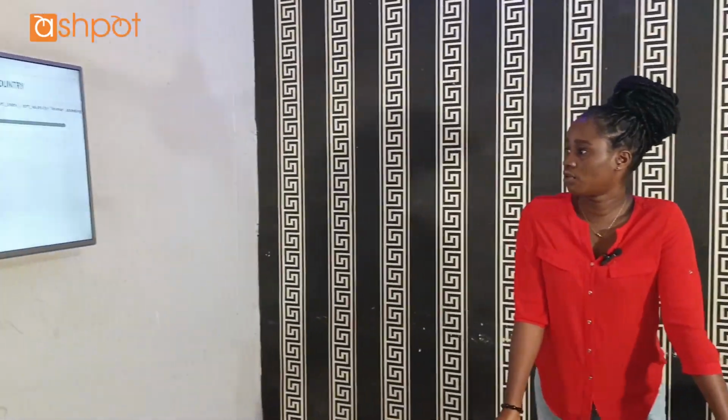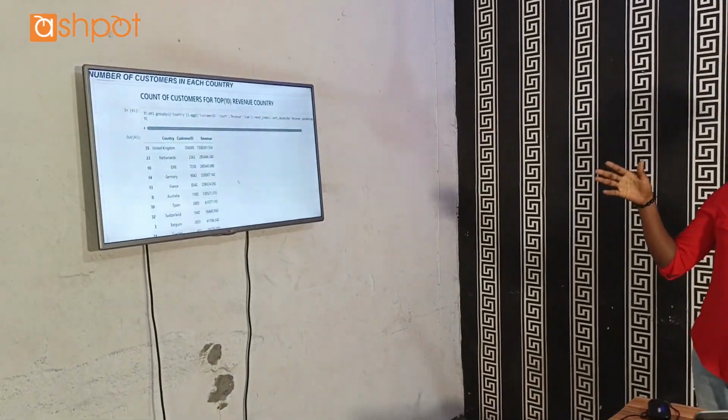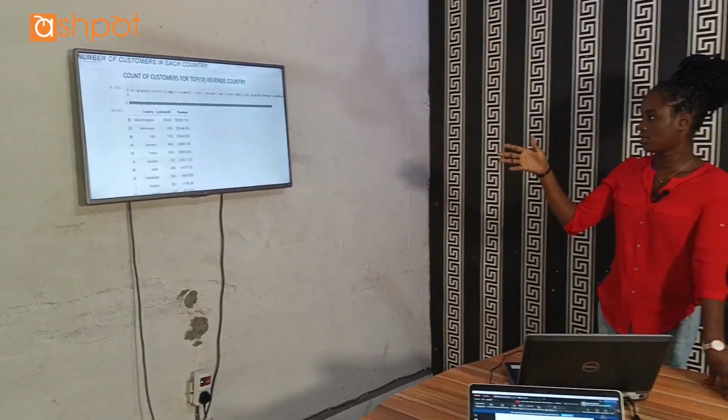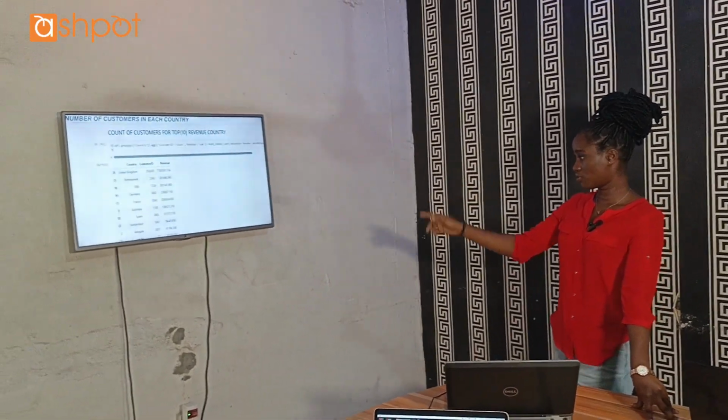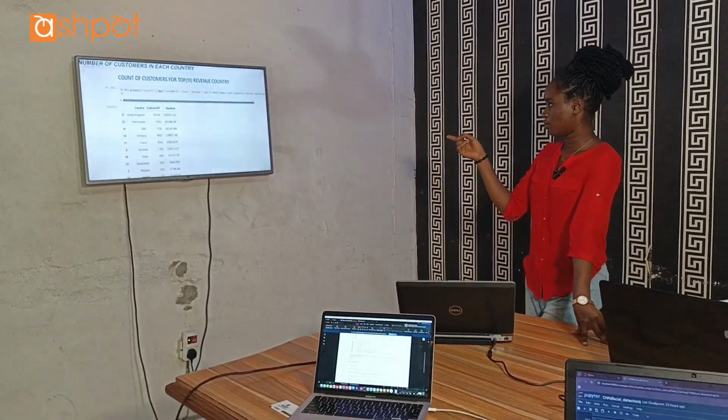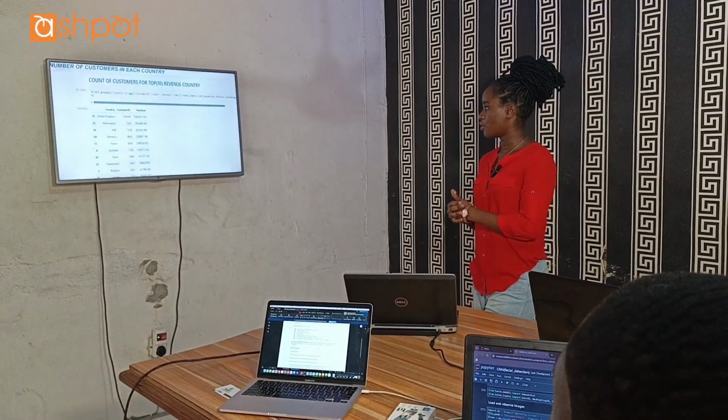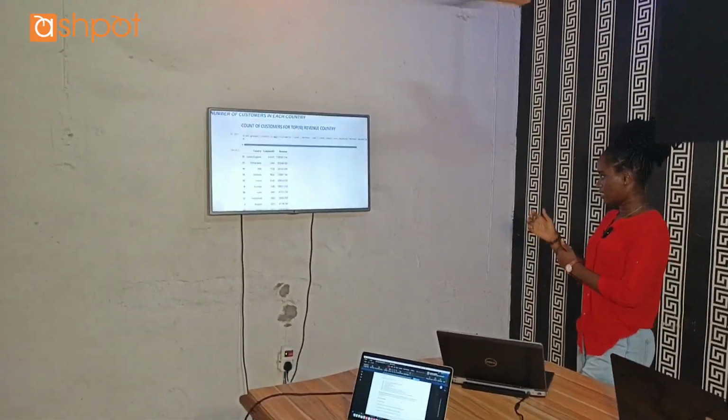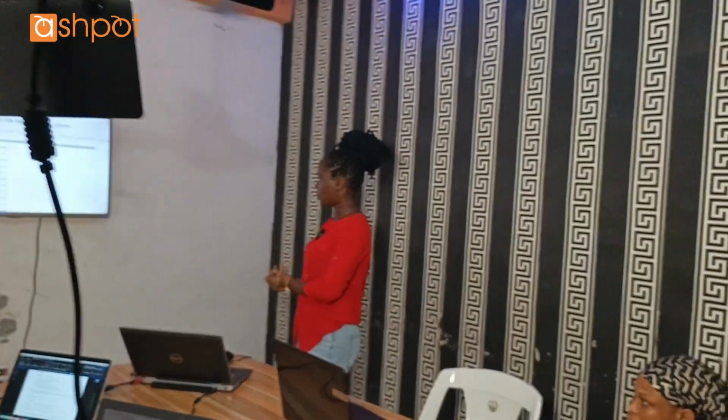Then this is the count of customers in each of the top 10 revenue countries, which accrued the most revenue: the United Kingdom, the Netherlands and the other countries.